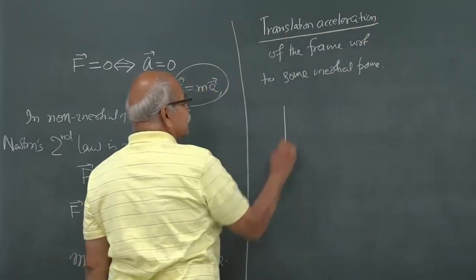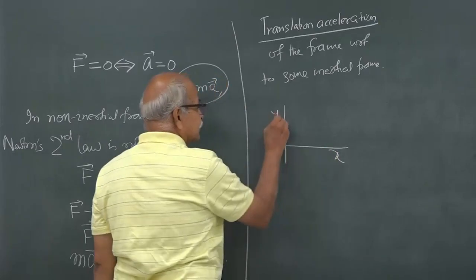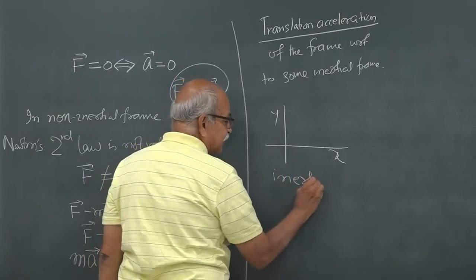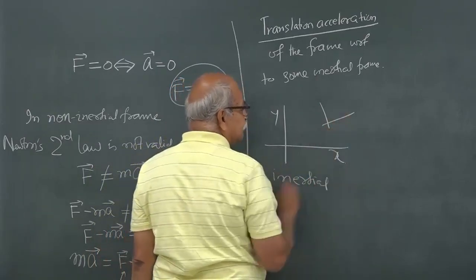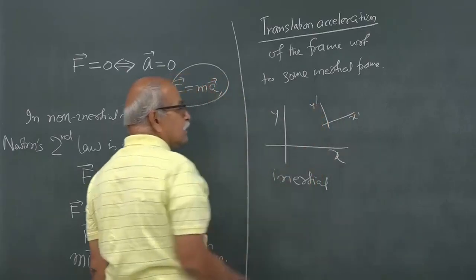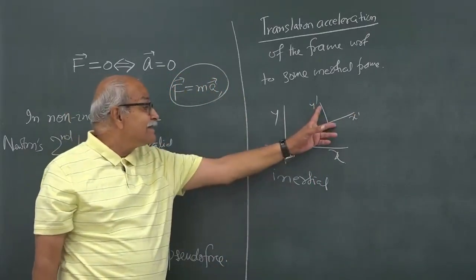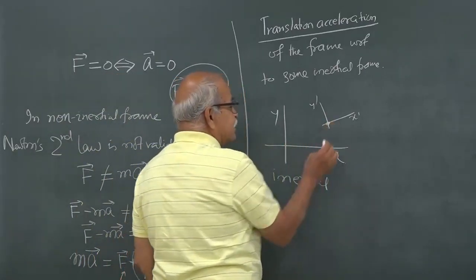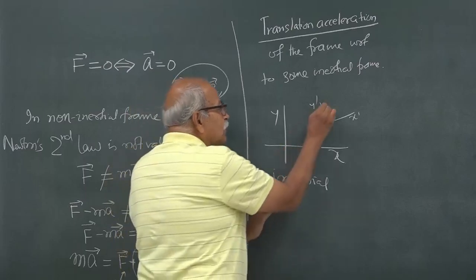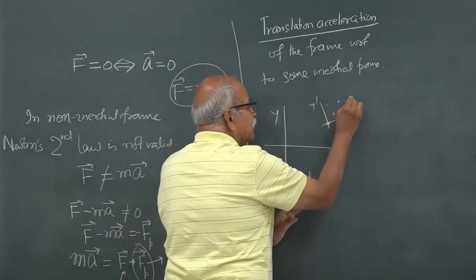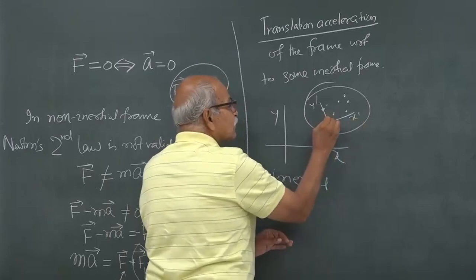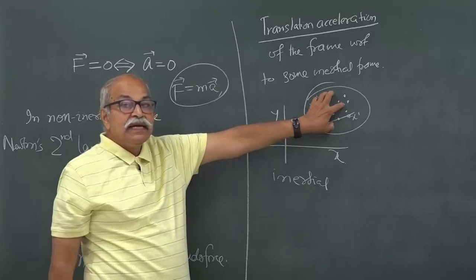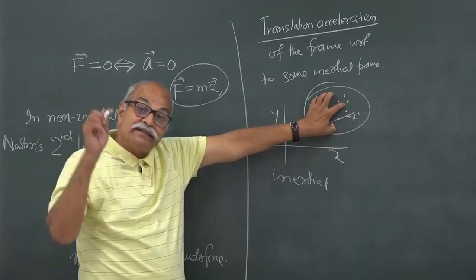Translational acceleration means that if this is the inertial frame, and I have yet another frame, it is translating with respect to this. That means the origin is moving, and all the particles fixed in this frame, the axes, everything, anything which is fixed in the frame, has the same velocity at that instant.